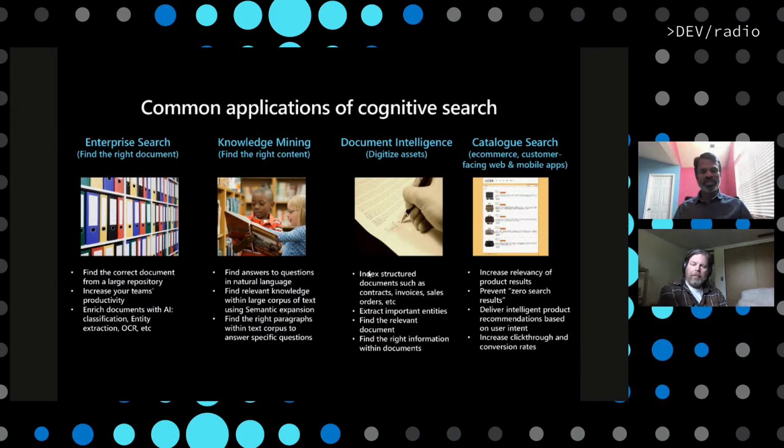Document intelligence, indexing documents like contracts, invoices, and sales, and extracting the relevant results from them. And also catalog search, for example e-commerce sites, customer-facing websites and mobile applications, helping users quickly find the right content so that the users can be converted to buy something.